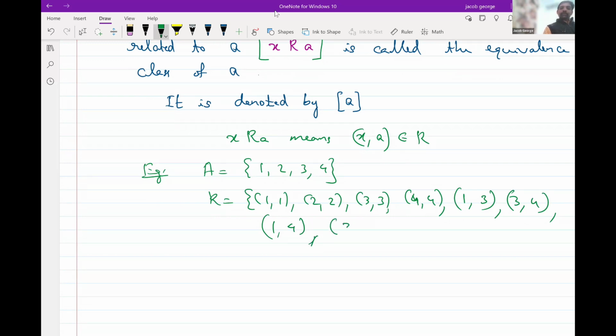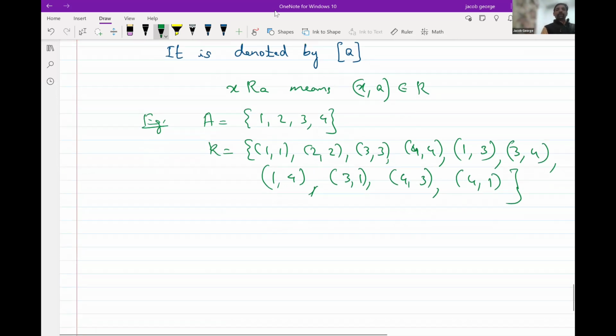Then (3,1) must be there for symmetric, (4,3) and (4,1) also must be there for symmetric. Still we have to check other pairs. Now this is an equivalence relation, because it is reflexive, symmetric, and transitive.